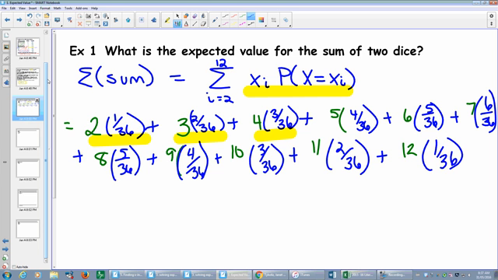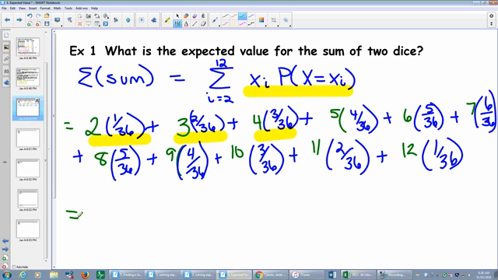Okay, so to find the expected value here, you would type this whole thing into your calculator. You can take my word for it instead of doing this calculation right now, but you will have to do it. If you're not sure how to work your fraction button, make sure you let me know.